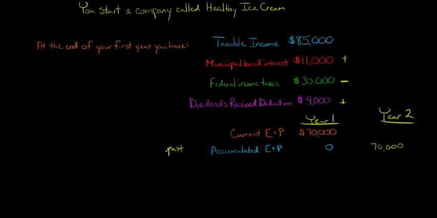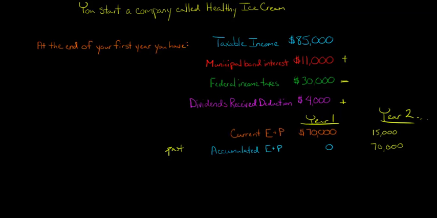Now let's just say that the current E&P for year 2 ends up being $15,000. So you start with your taxable income from year 2, you make all the adjustments, and it ends up being $15,000. Then if there's still no distributions, that would be later added to the 70, and it'd be 85 for year 3, and so forth, right? So that's how that works.